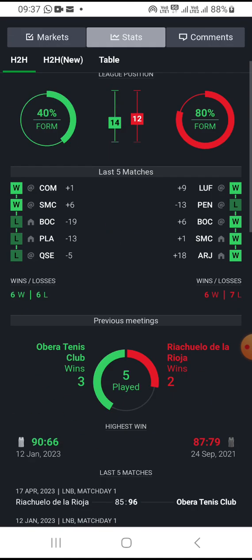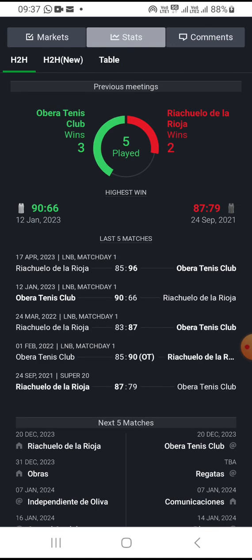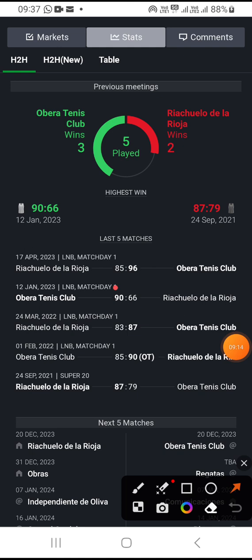When you go to HUH, you calculate all the games vertically. Like now, Riachuelo: you say 85 plus 66 plus 83 plus 90 plus 87. You add them and divide it by 5.